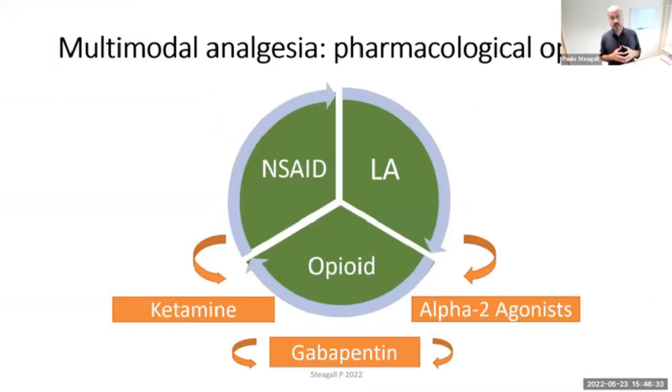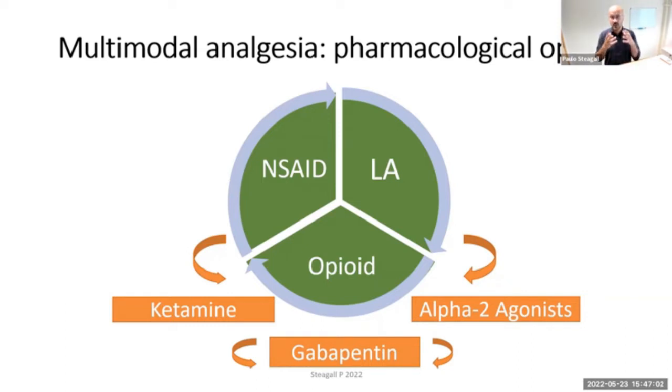The second thing is multimodal analgesia, which is the administration of two, as you can see in this diagram, two or more analgesics that have different mechanisms of action. So there are classes of analgesics with different modes of action that will be interfering in what we call the nociceptive pathway in different forms. One will act in the periphery, another one in the spinal cord, another one maybe centrally.